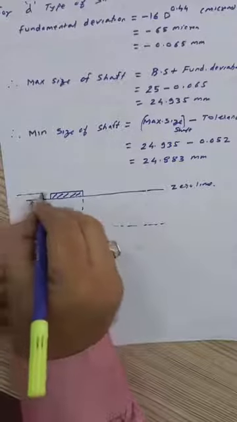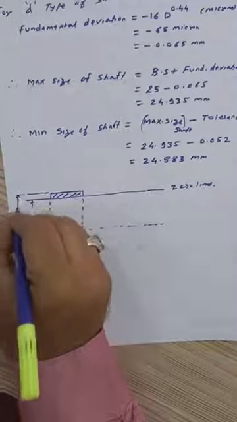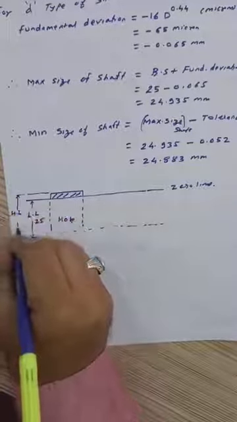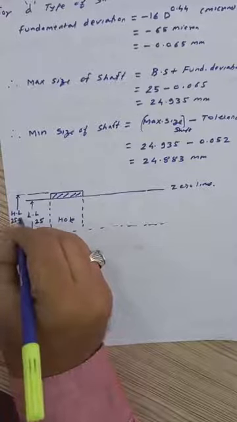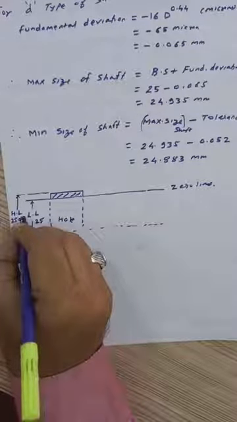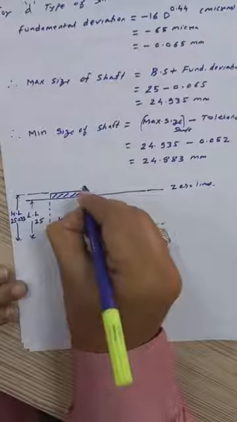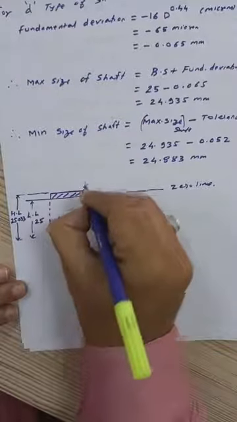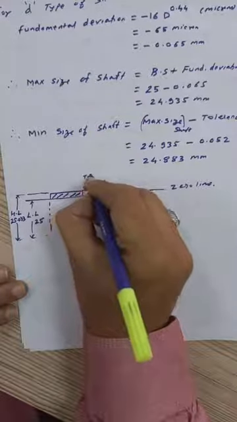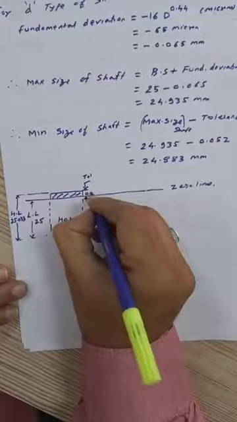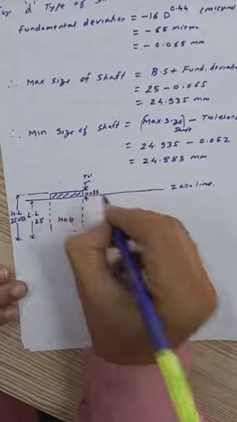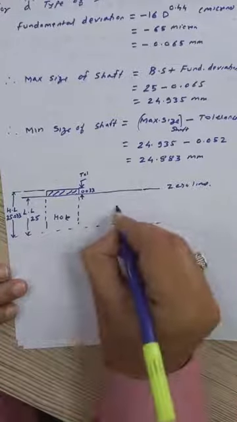This is the high limit of hole, or maximum size of hole, it comes to be 25.033. This is the tolerance, 0.033 for hole.